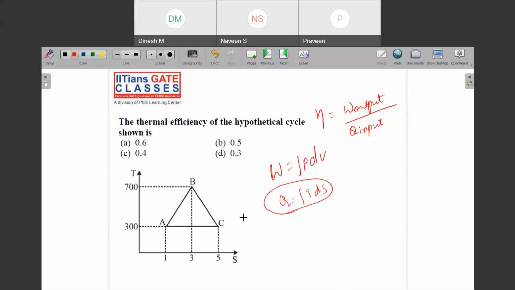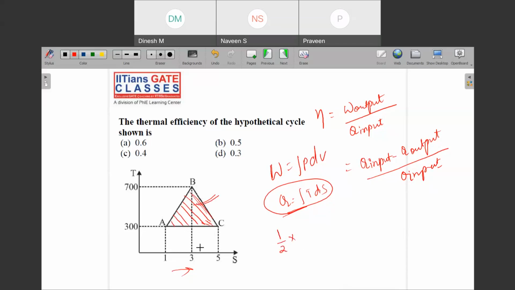So the area under the curve on the entropy axis will give you the heat interaction, and the work output we can write as Q input minus Q output, upon Q input. Or one more thing: the area enclosed will give you the work interaction.